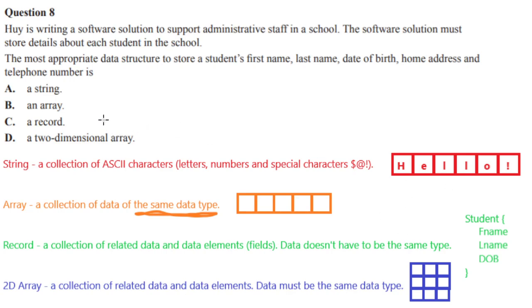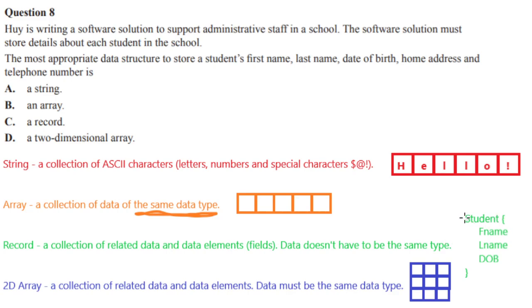So the next one here is our record. They can store related data as their data elements. You might know these as fields. They describe what type of data is being stored. The data in a record doesn't have to be the same data type, so we've got a bit of freedom there.